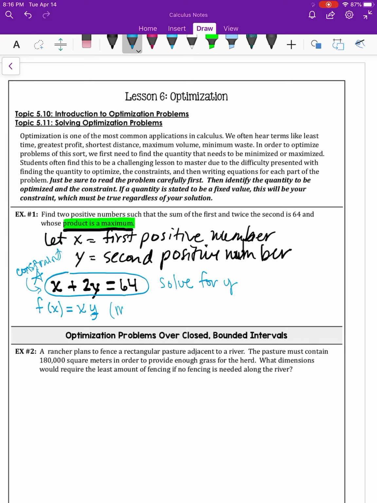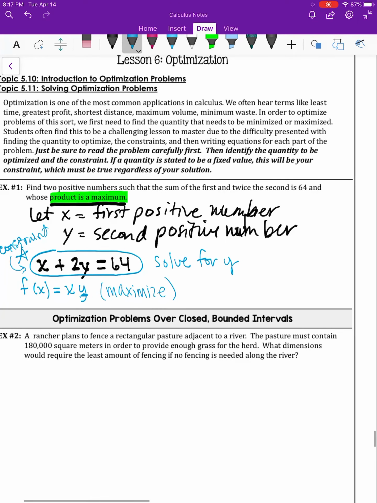This was considered the constraint. This has to be true. Okay, so we've got this constraint right here, and then this is what we're going to maximize. So we have to know what we're maximizing, maximizing or minimizing. For another problem, it might be minimizing.